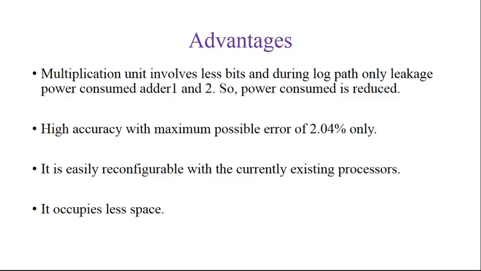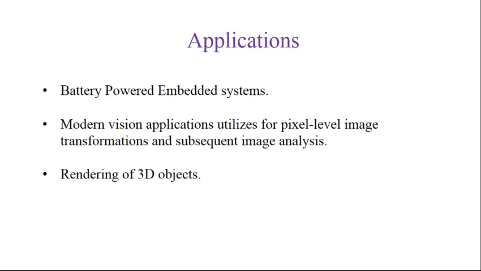Advantages, it involves less number of bits, high accuracy, it is easily configurable and occupies less space. Applications can be like battery operated embedded systems, modern vision applications that is utilized for pixel level image transformations and subsequent image analysis, rendering of 3D objects.